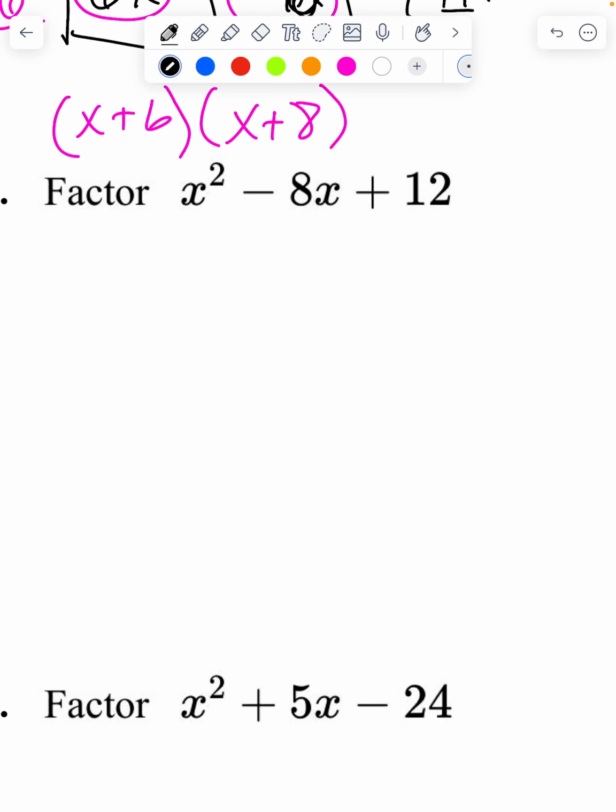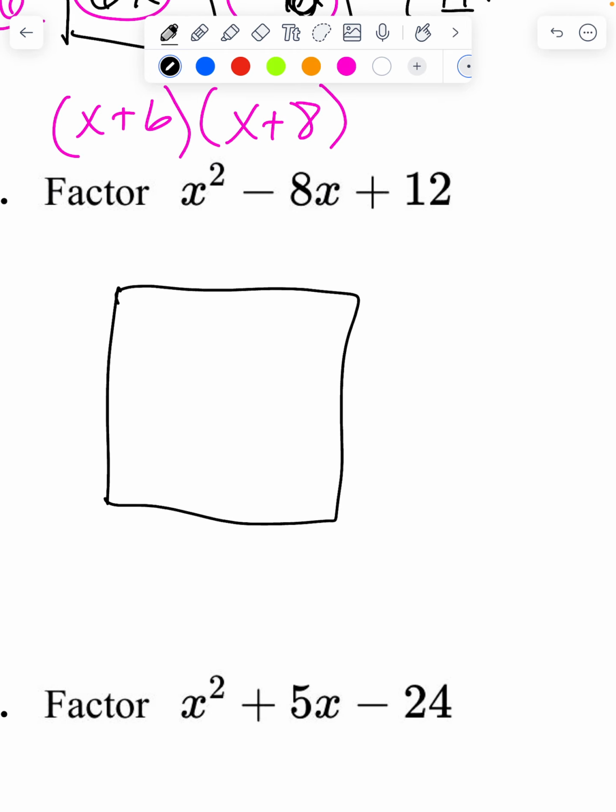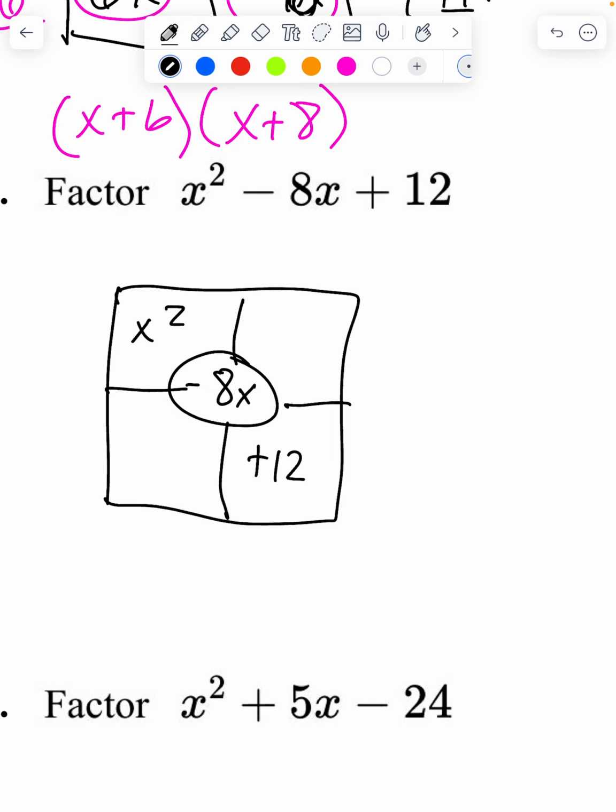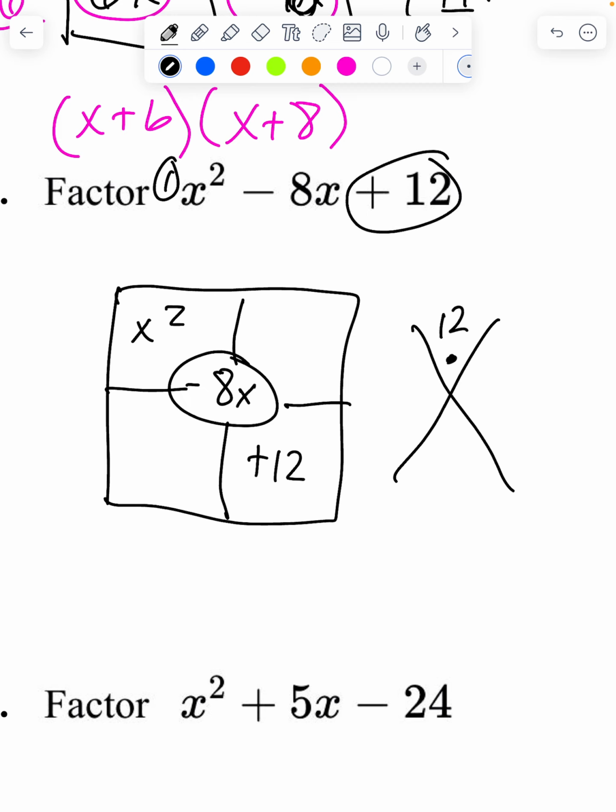Next one here, box and circle, three pieces. There's no greatest common factor, so I just write it in here straight up. Looking for two numbers, here's a 1 because there's no number. 1 times 12, that's what it has to multiply to, and it has to add to this middle number, which is negative 8.